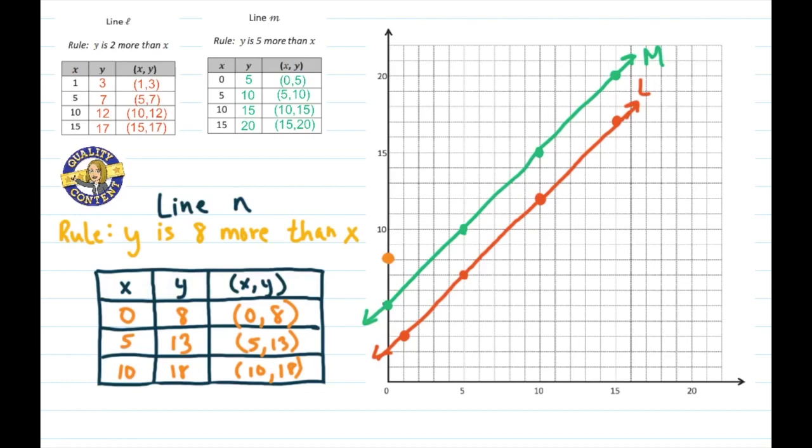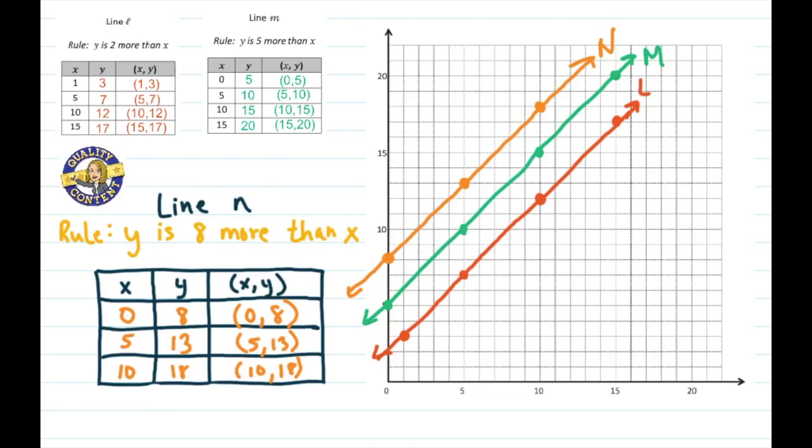I have 5 and 13, and I have 10 and 18. And our prediction was correct. We do have another parallel line. The reason that we have another parallel line is because I'm continuing to add more to the x in each rule. You are all doing amazing.